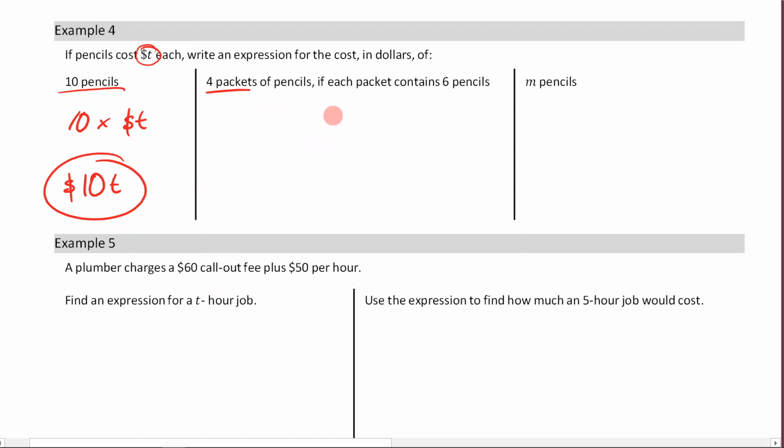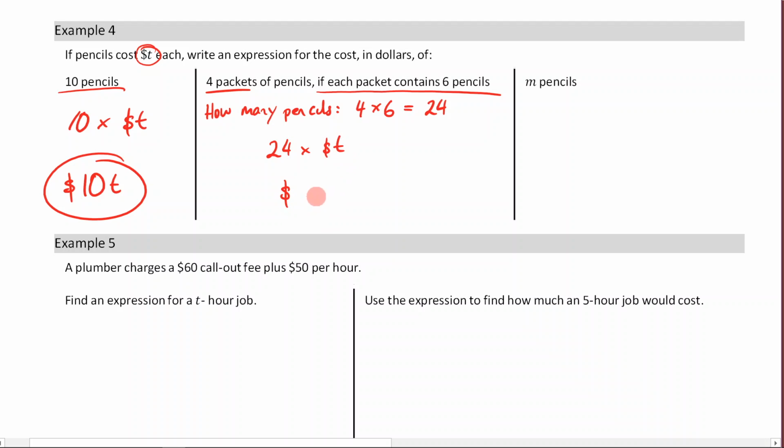4 packets of pencils, if each packet contains 6 pencils. So the first thing I would want to find out is how many pencils am I actually dealing with? How many pencils are there? Well, if I have 4 packets and each packet contains 6 pencils, that's 4 times 6, which is 24 pencils altogether. And then I'm going to times that 24 by $t.